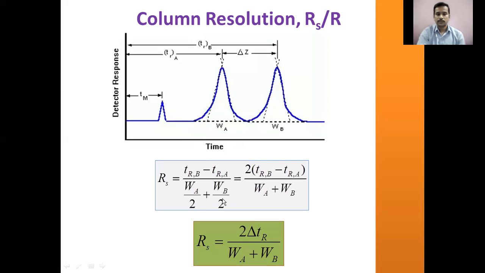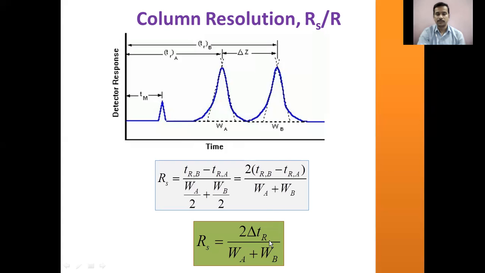Right. If you simplify this, you take 2 as a common value, and you will get RS is equal to 2 into TRB minus TRA divided by WA plus WB. Here, the difference between TRB and TRA is denoted as delta TR, or delta Z. The change in retention time between solute B and solute A is denoted as delta TR.